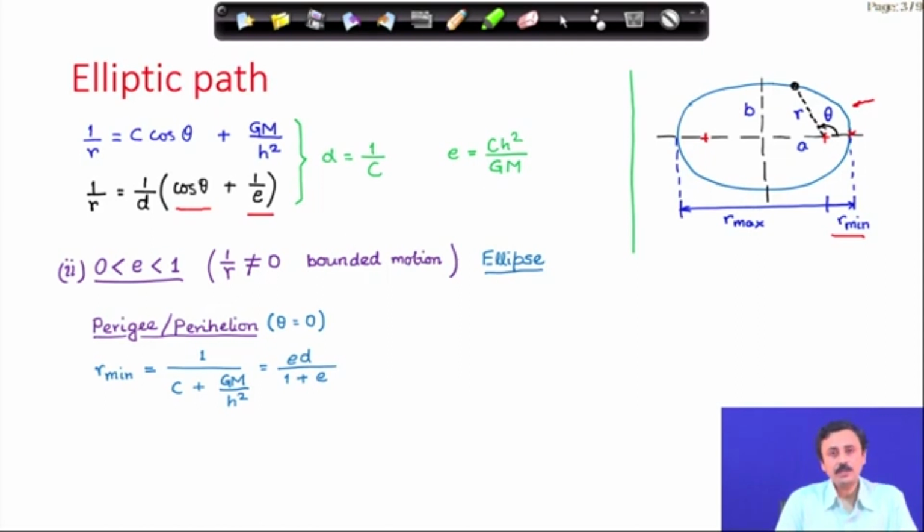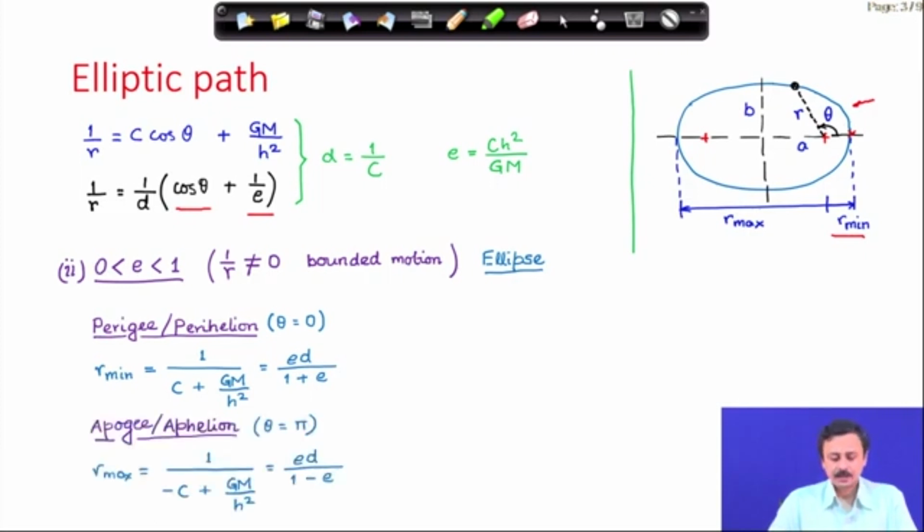From the geometry side, the conic section side, if you put theta equal to 0, it is E d by 1 plus E, where E is the eccentricity, that is R min. Apogee is the farthest point on an elliptic path around the earth, with earth at the focus.